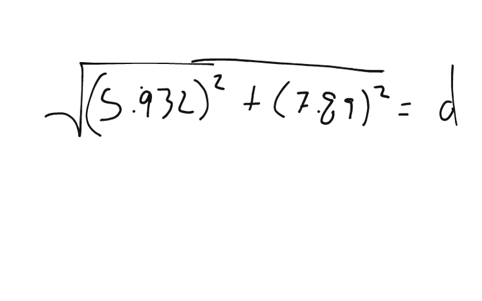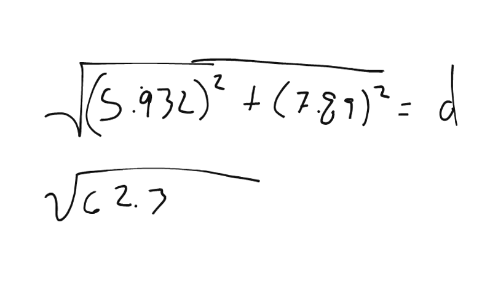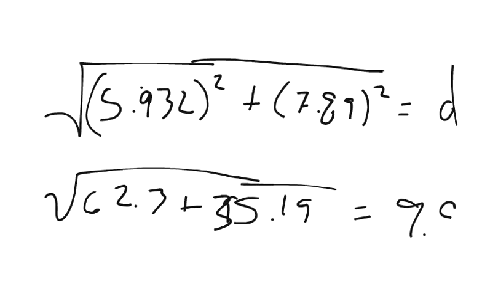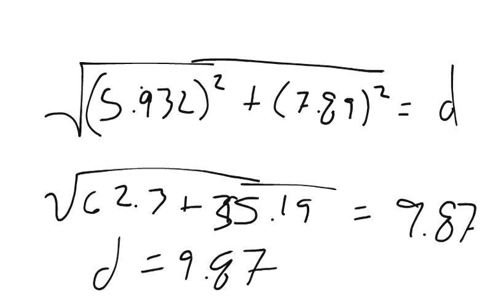Whenever you square everything, you end up getting the square root of 35.19 plus 62.3. All of that equals 9.87. So D equals 9.87.